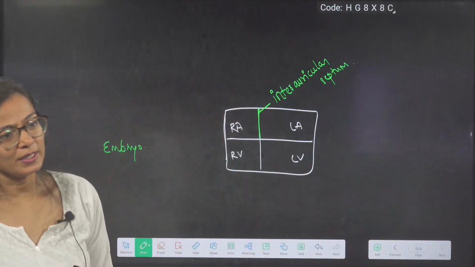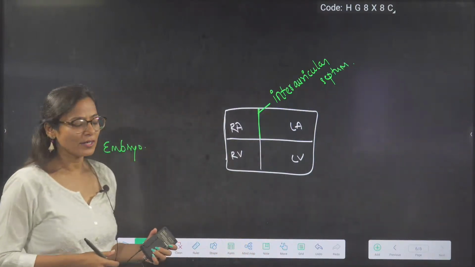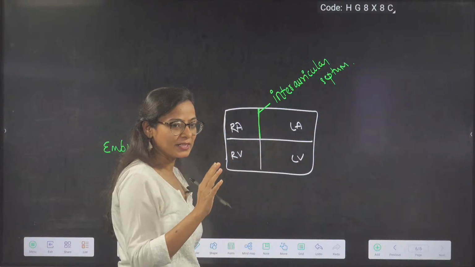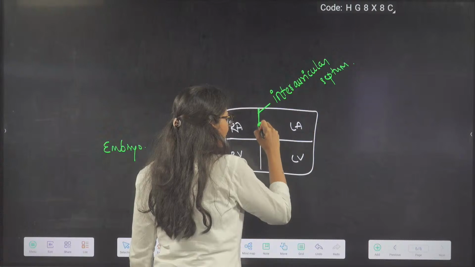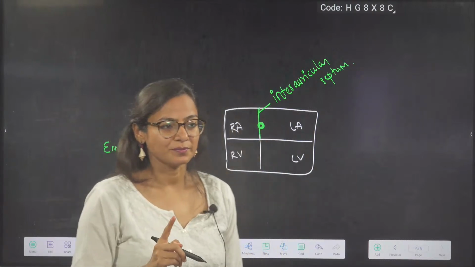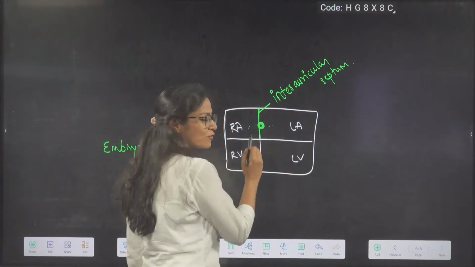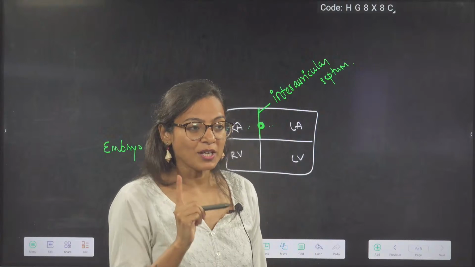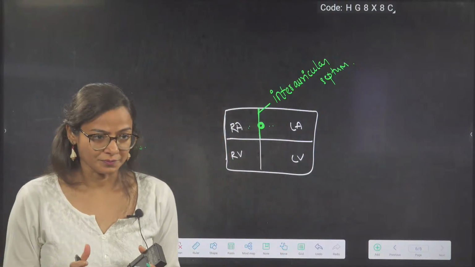So now in those embryonic stages, in those fetal stages, this septum is not formed completely. There is an opening, one hole in between both. So in the embryonic stages, intermixing of oxygenated and deoxygenated blood occurs.